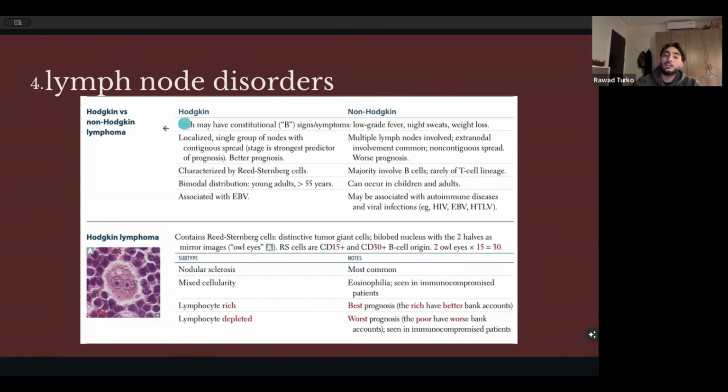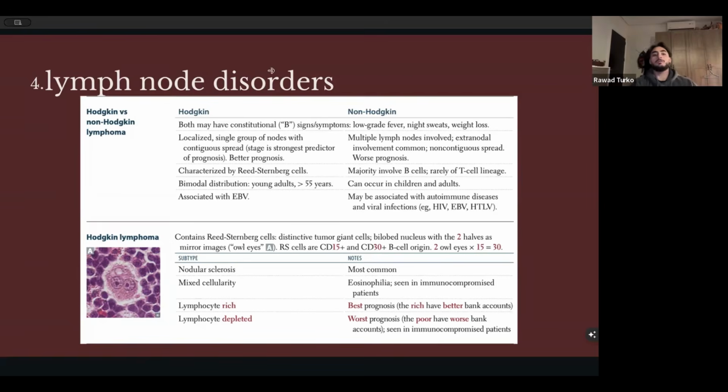Okay. The constitutional B symptoms, which are things like night sweats, weight loss, low-grade fever, fatigue, all of that you're going to see in both Hodgkin and non-Hodgkin. So the main difference is going to come down to biopsy and the morphological manifestation of Hodgkin's and non-Hodgkin's.